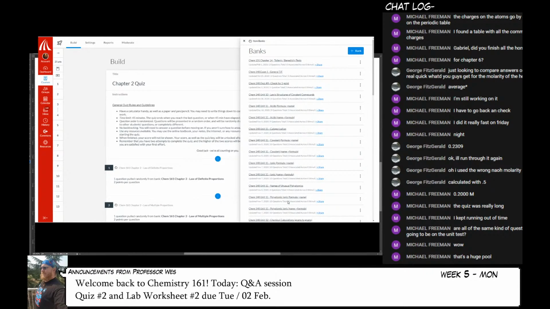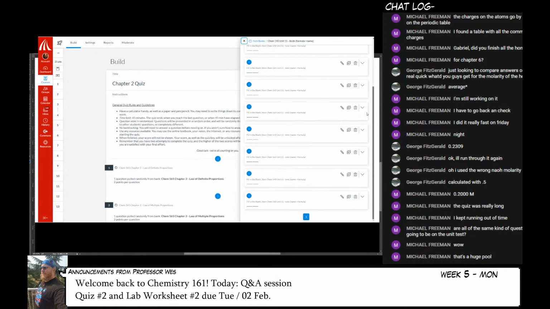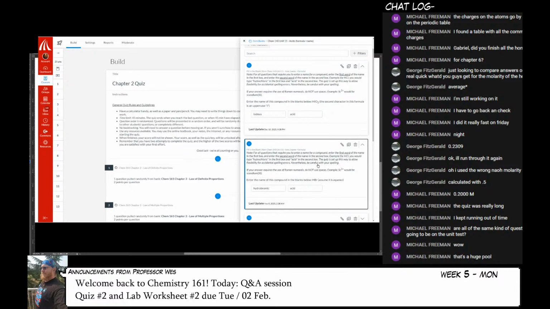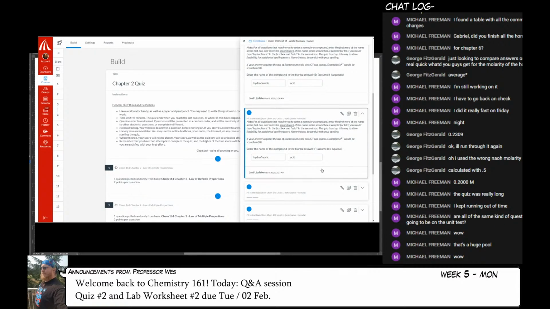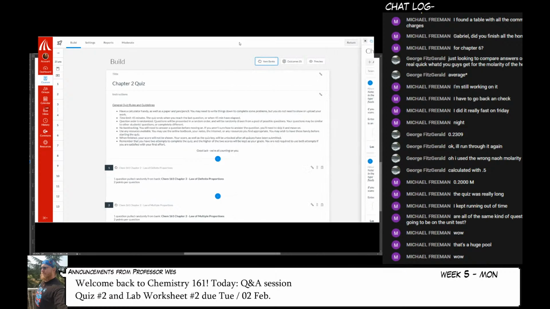So if I just picked, say, 140, here's a 140 pool. Each pool has X number of questions in it, which you can't see because I had to expand them. You name this acid, and it just picks from these because I had to program it to do this, and it takes forever.